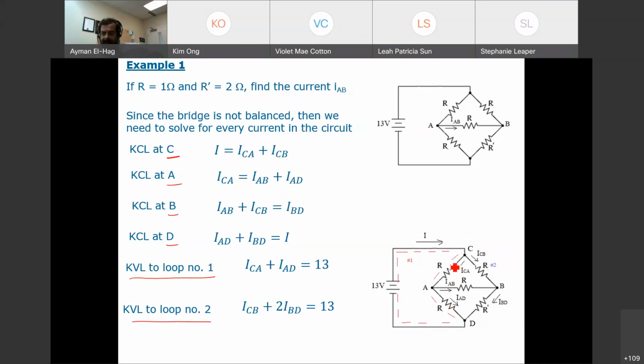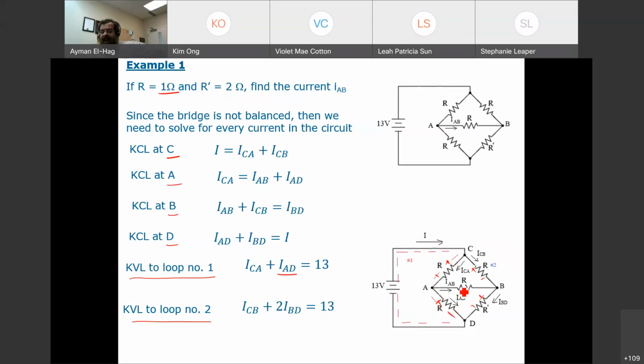This will be plus, minus, plus, minus as per the current direction. Let's apply KVL to loop number 1, the red one. It says ICA times R, which is 1 ohm, plus, going plus, minus, plus, minus, IAD times also 1, so IAD, continue the loop, minus 13 equals 0.